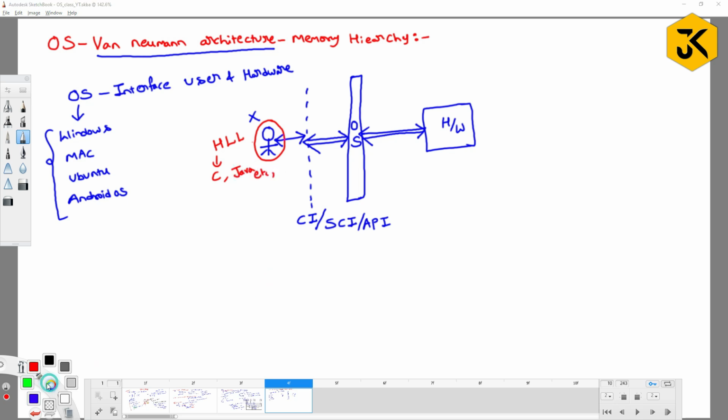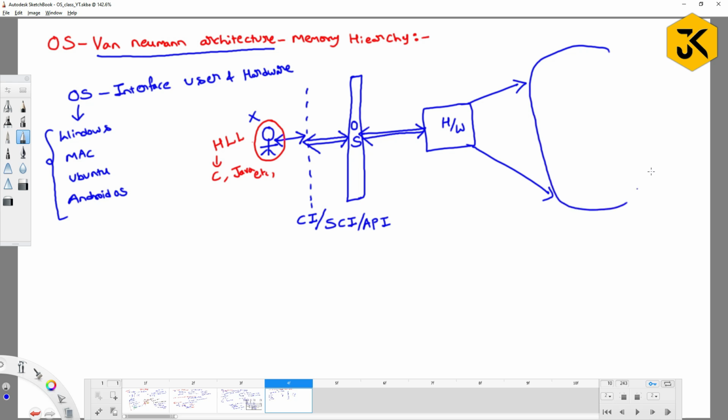Okay, if you look in depth at the hardware of the device, in general this hardware of the system, don't worry, it's a circle I am trying to draw. I am not good at this diagrammatic part.